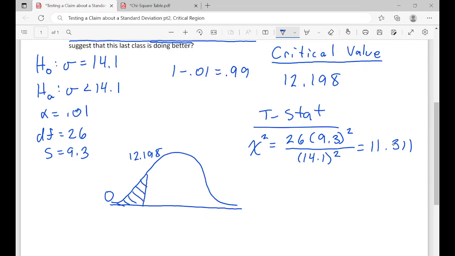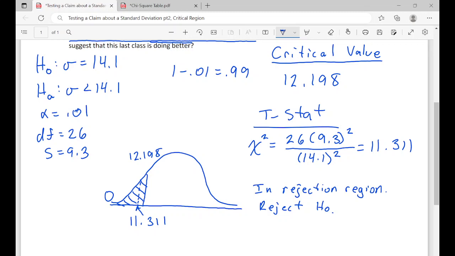And our test stat of 11.311 is going to be, we'll say right here. And that is within the rejection region. So that means we will reject the null hypothesis.